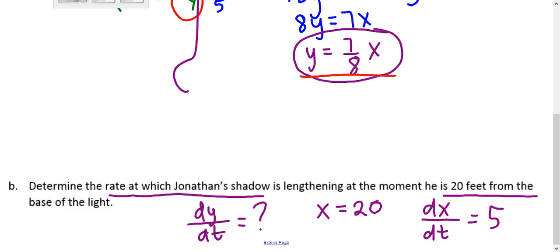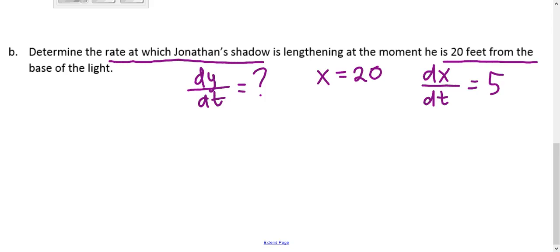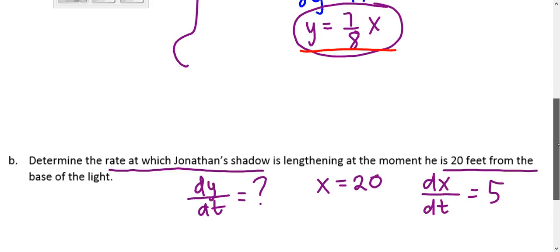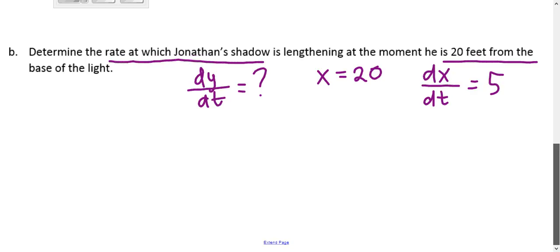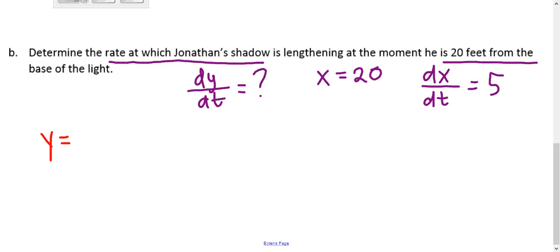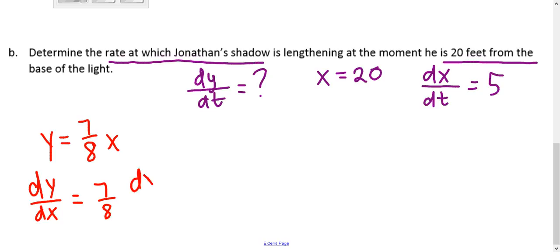We're going to use our equation that we found. We're going to take the derivative, and use this information to find what they're asking us for. Our equation is y equals 7/8 x. We need the derivative. 7/8 is just a number, so it's going to stay, and the derivative of x is dx. We are taking the derivative with respect to time because this is related rates, so dx dt.